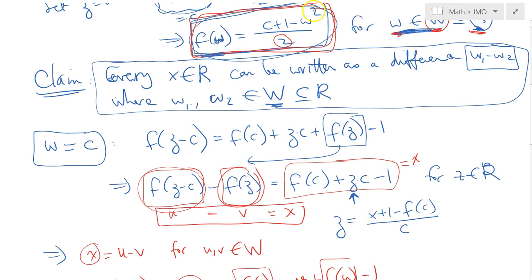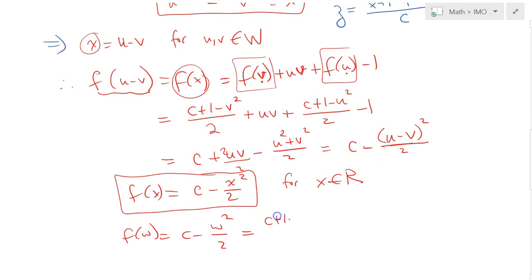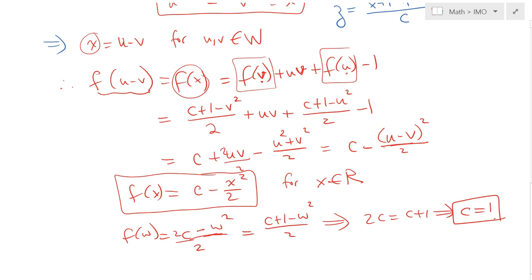But then plugging in w here is c plus 1 minus w squared over 2. So I can just write this as 2c all over 2, with a minus sign in between. Let's just organize it like this. So the 2's will cancel out, and the minus w squares will cancel out. So I would get 2c is equal to c plus 1. Finally, we get that c is simply equal to 1.